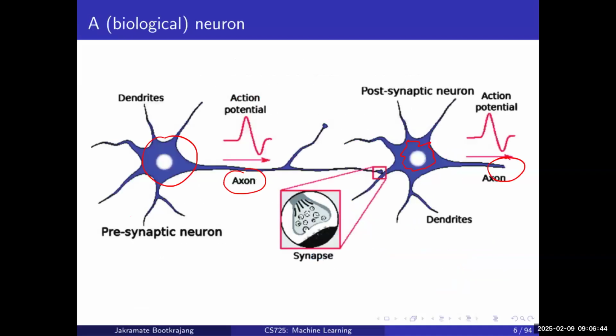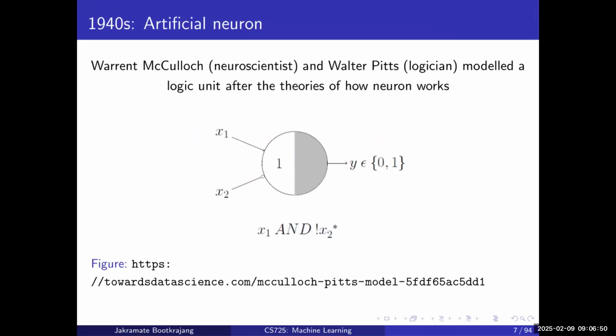So how can we model this interaction for a computer? In the 1940s, we have Warren and Walter. These two people are not from computer science at all. Actually, there was no computer science knowledge at the time.